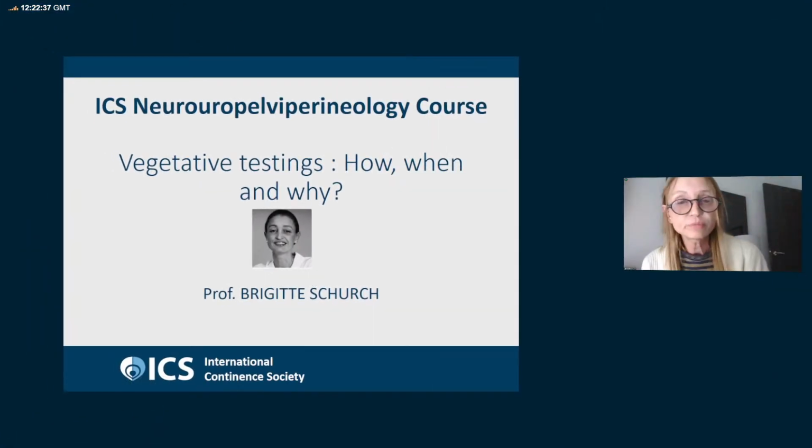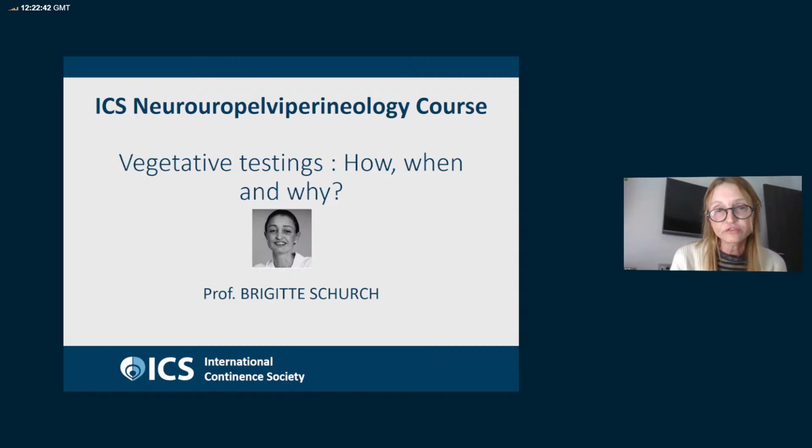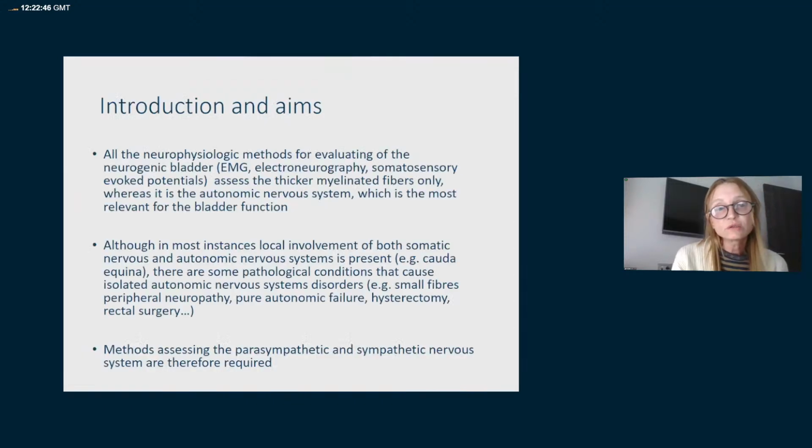Okay, the second part of this electrophysiologic recording or testing is the vegetative testing. As you might know, all the neurophysiologic methods for evaluating the neurologic bladder, like EMG, electroneurography, somatosensory evoked potentials, assess mainly the myelinated fibers only, whereas it is the autonomic nervous system which is the most important for the bladder function.